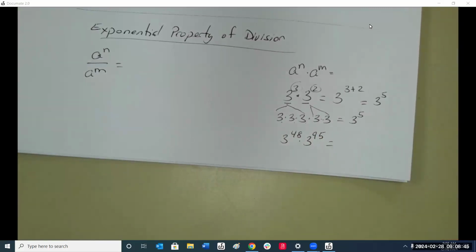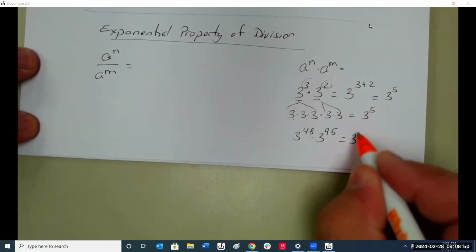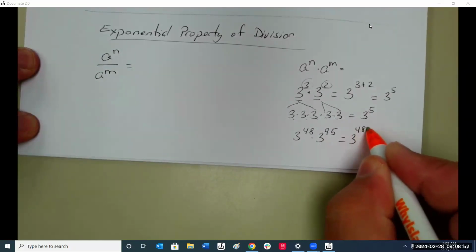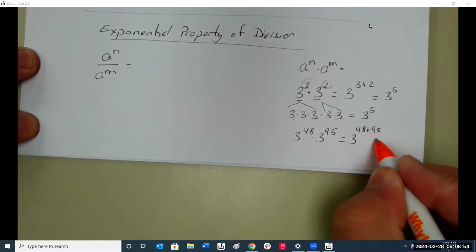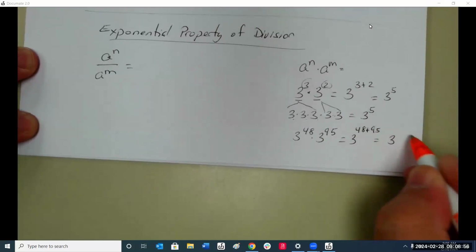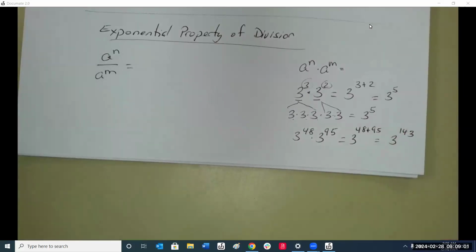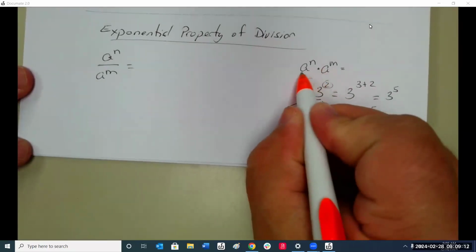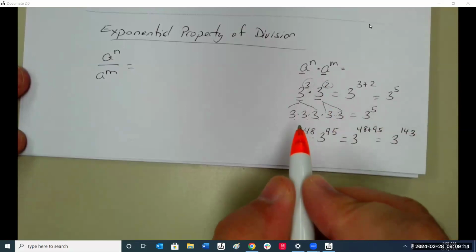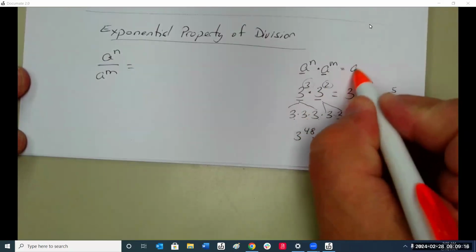You're not going to write out 3 times 3 times 3 times 3 times 3 and count them up. Instead, you would simply add the exponents. So that's if you're multiplying, as long as the bases are the same, you add the exponents.